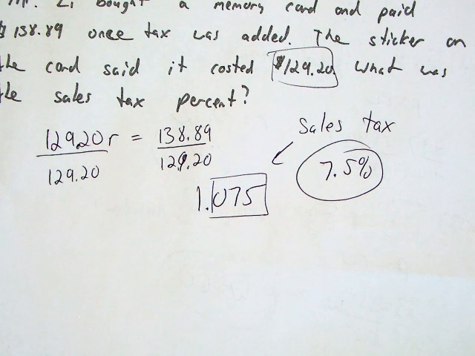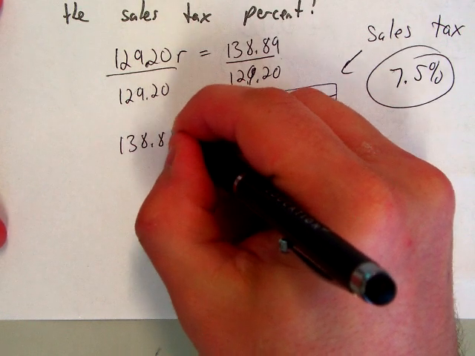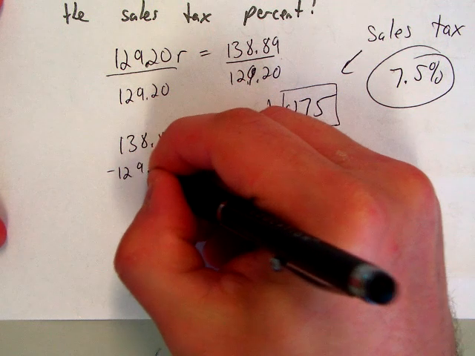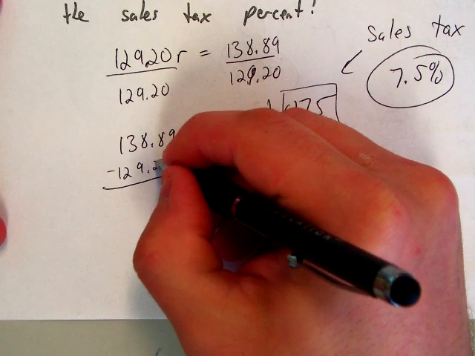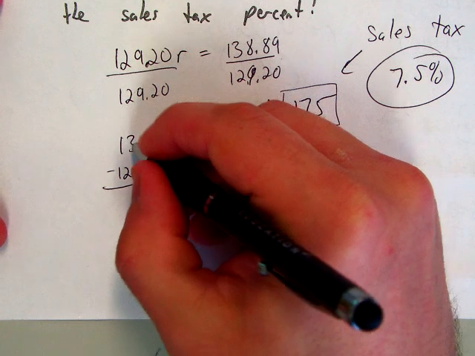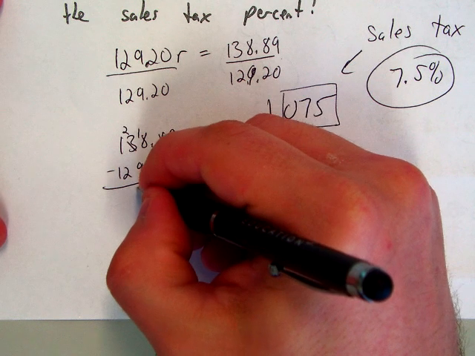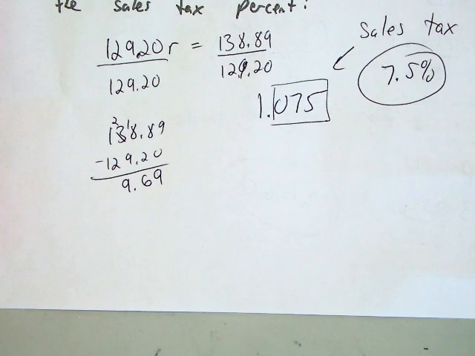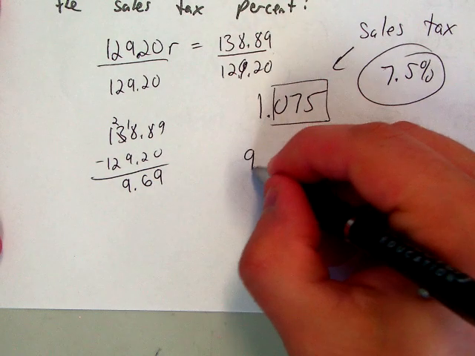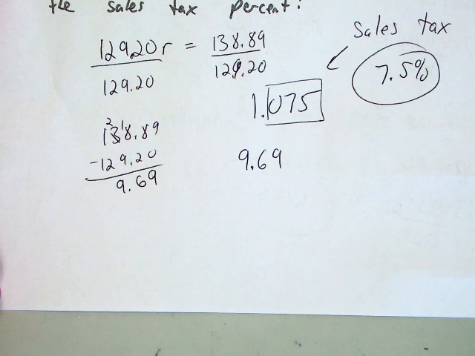The other way that I could have done it was I could have subtracted 138.89 and 129.20. If I do that, 9 minus 0 is 9, 8 minus 2 is 6. I can't take 8 minus 9, so I'm going to borrow. 18 minus 9 is 9, and then 2 minus 0, and 2 minus 2 is 1 minus 1. So I really have $9.69 as the amount of tax that was added on.